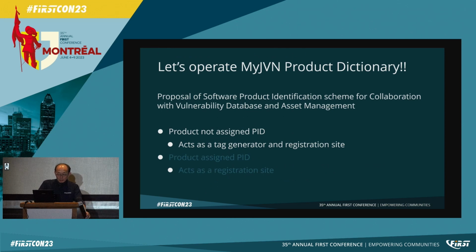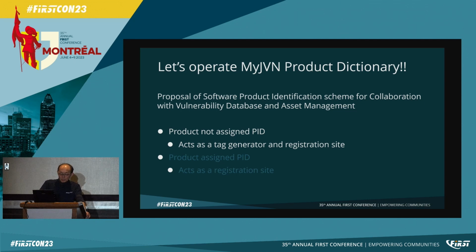Next, we will discuss the operation of the MyJVN Product Dictionary. In our proposal of the software product identification scheme, the MyJVN Product Dictionary plays a crucial role in facilitating collaboration between the vulnerability database and asset management system.